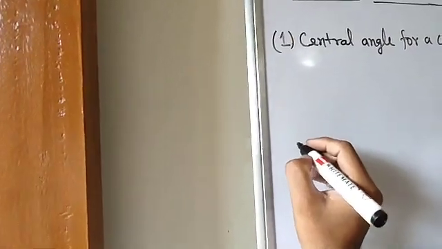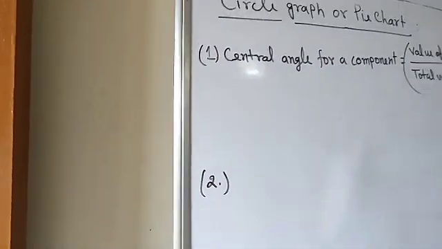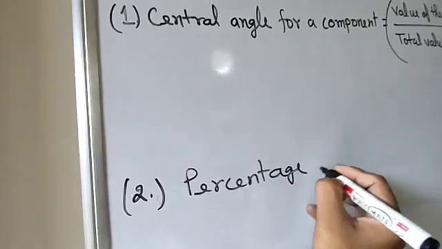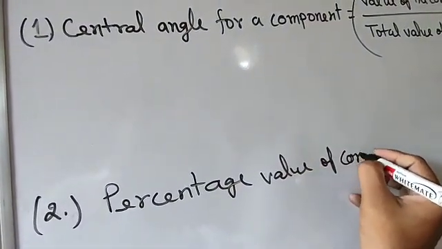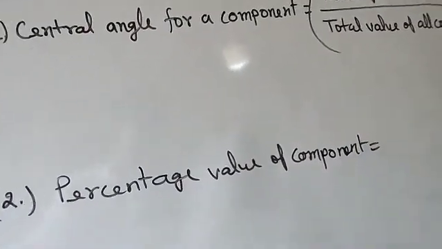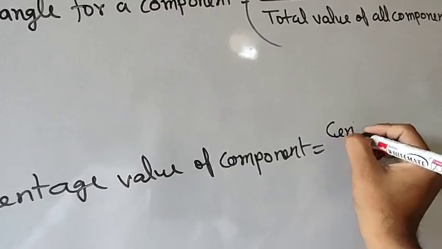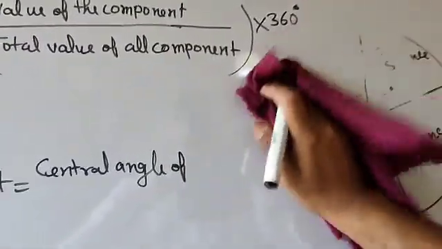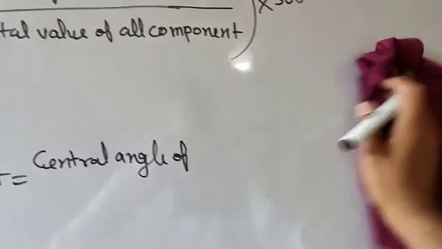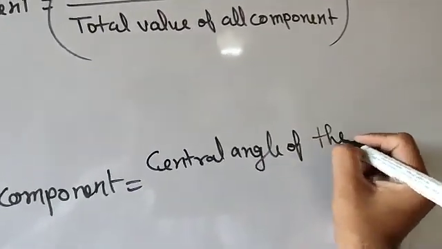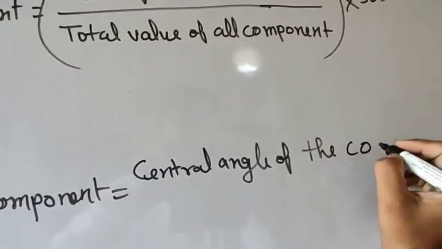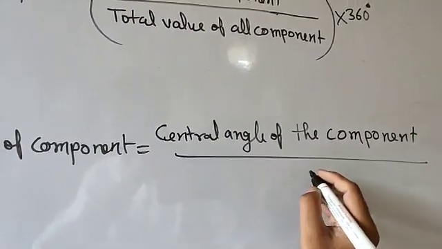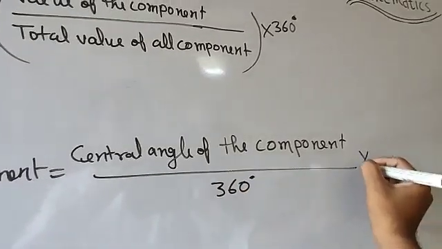Now the second formula. If you are going to find the percentage value of a component, that is equal to the central angle of the component upon 360 degrees, into 100.